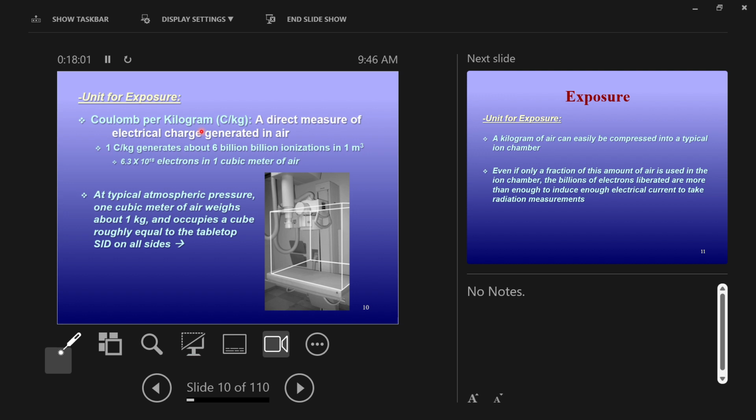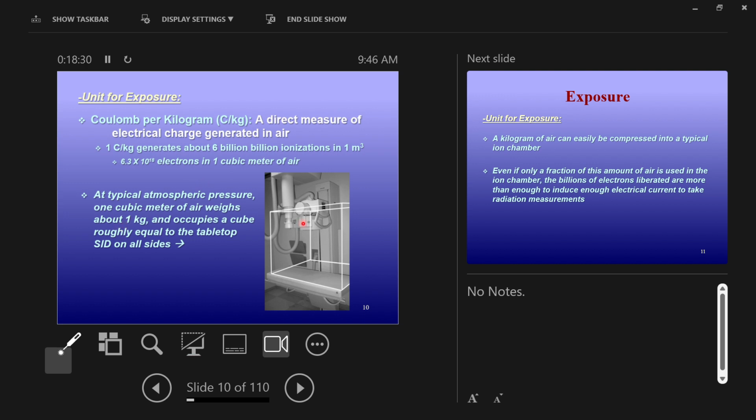Interestingly, the atmosphere's weight is actually quite a bit. 1 cubic meter of air, so if you just imagine a box 3 feet by 3 feet by 3 feet, that cubic meter box that I'm holding right now weighs 1 kilogram, 2.2 pounds. So in every cubic meter box of air in the room, you've got about 2.2 pounds of matter.